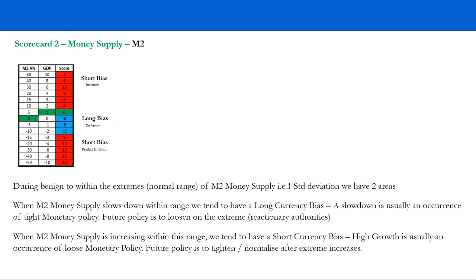And we do this by looking, as we have done already, at the data and distinguishing between what's normal and what's extreme. We do this by looking at the one standard deviation or normal bounds of increases and decreases.